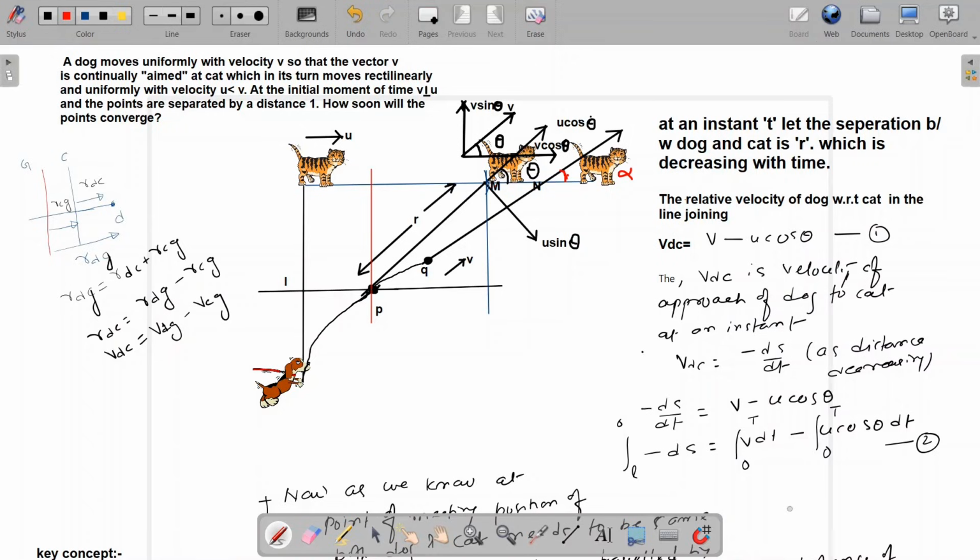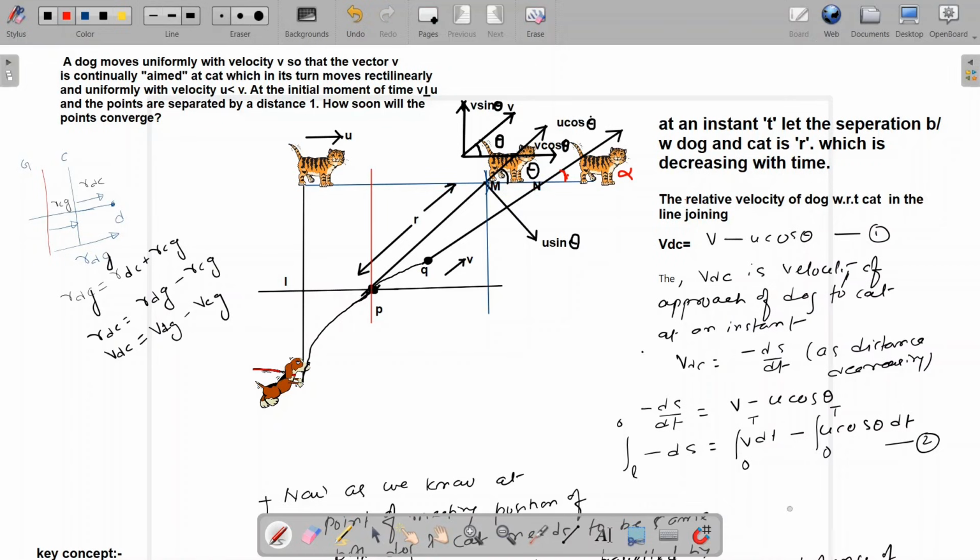So let's jump into the problem straight away. The problem states that a dog moves uniformly with a velocity v, so that the vector v is continually aimed at a cat, which in turn moves rectilinearly and uniformly with a velocity u. And it is given that the velocity of the cat is lesser than the velocity of the dog. At the initial moment, the velocity vectors of the cat and dog are perpendicular to each other.